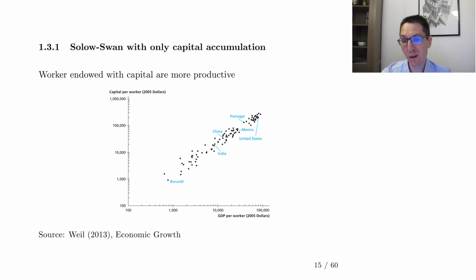For developing countries, would just starting to accumulate a very large quantity of capital be the secret to catch up to rich countries? Before continuing, I invite you to pause the video and think about this for a second, and think about the economic mechanisms that might help you explain or understand this phenomenon.